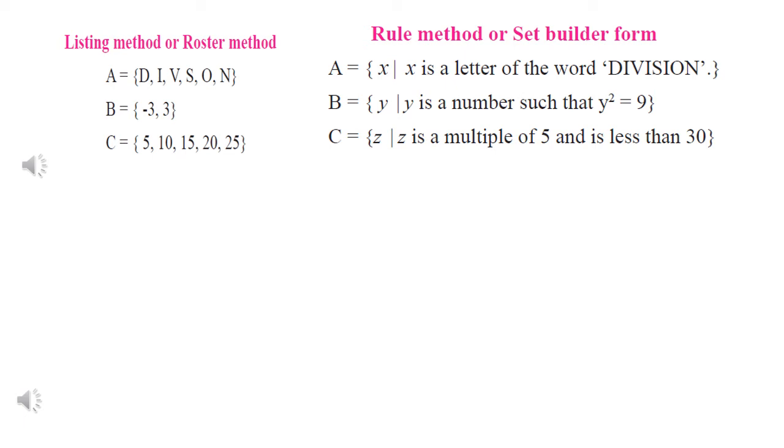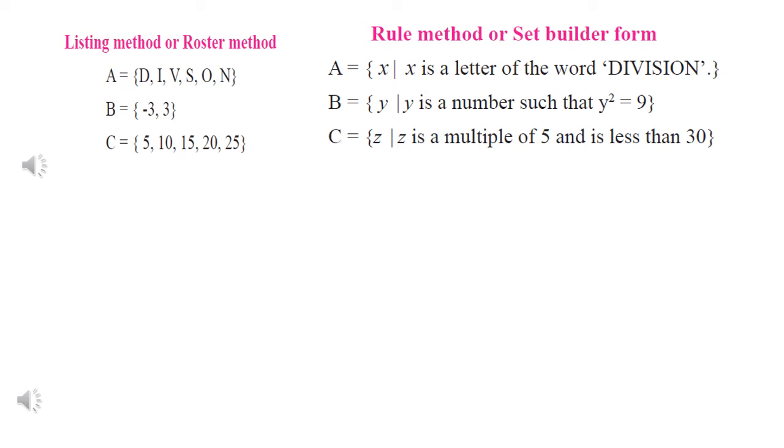Now if I only write till here and leave, it will be an incomplete statement, because we know multiples of 5 can go on till infinity. So here we will mention only the multiples less than 30. After 25 the next is 30, therefore we will write less than 30.